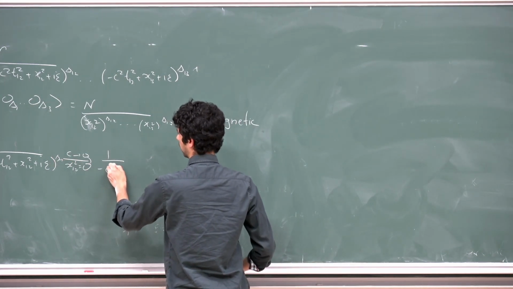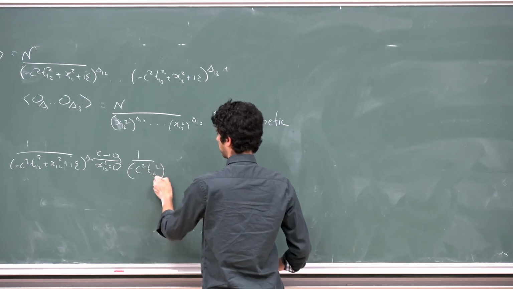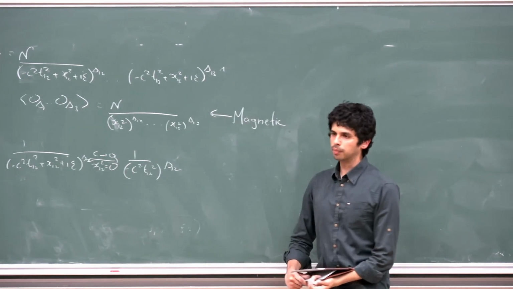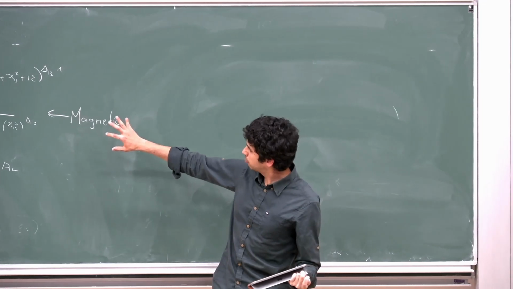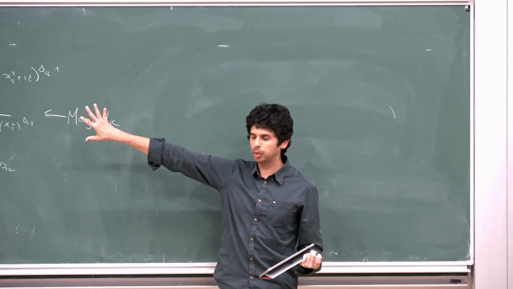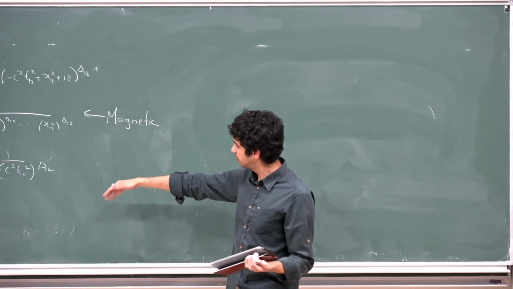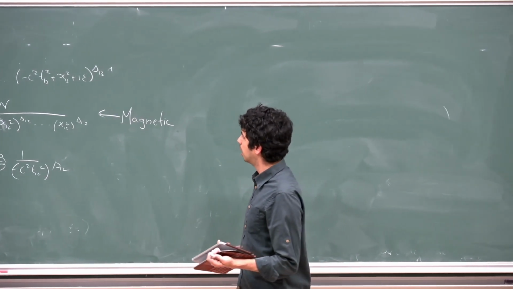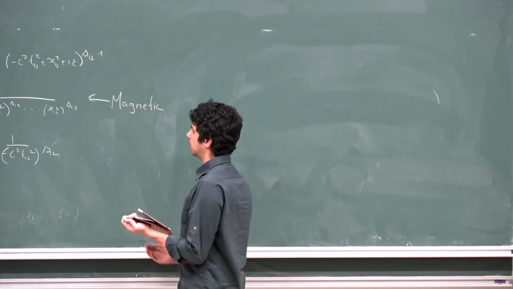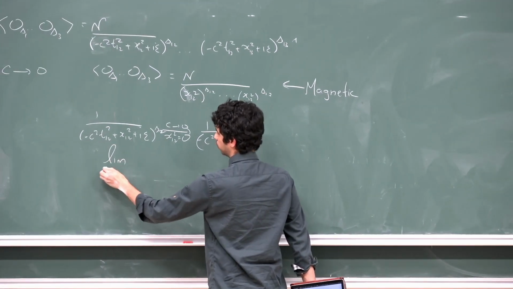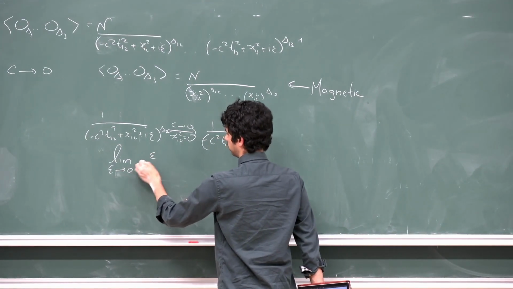I get something which looks like 1 over c squared times the delta function of x12 squared. And so I have to pay special attention to these special configurations on which there is an enhanced c going to 0 behavior. And this is reminiscent of this formula that everybody knows.